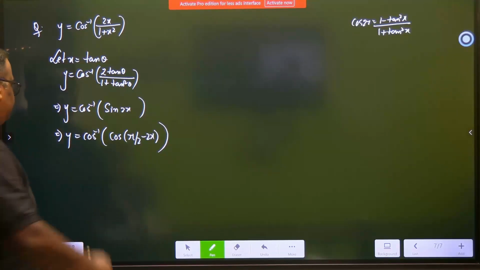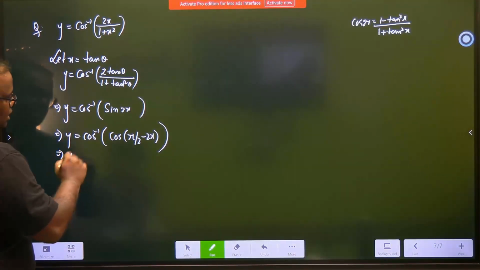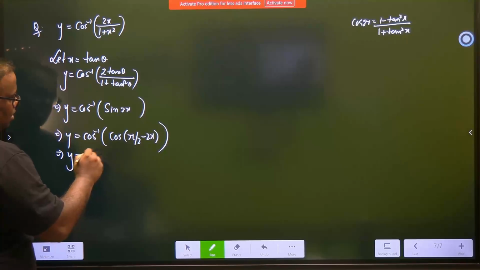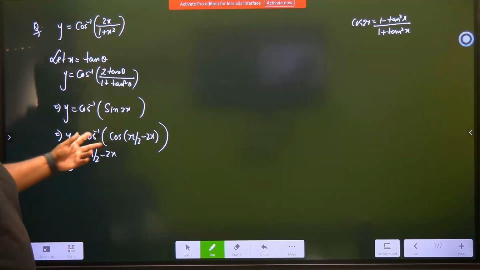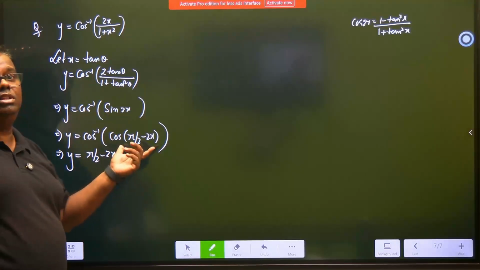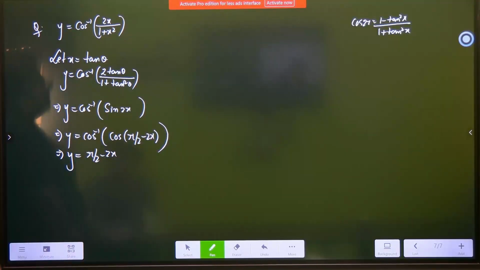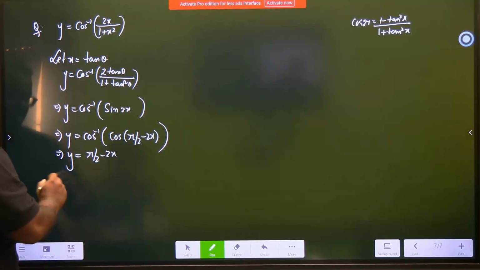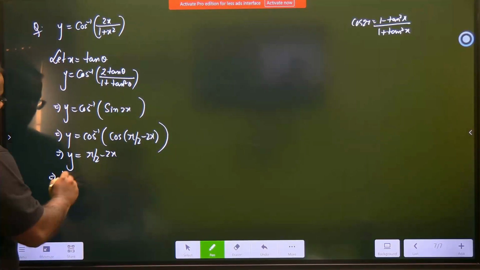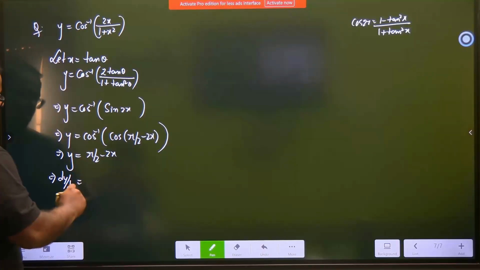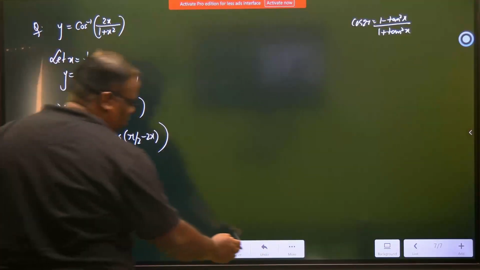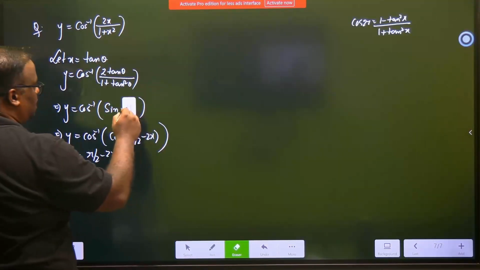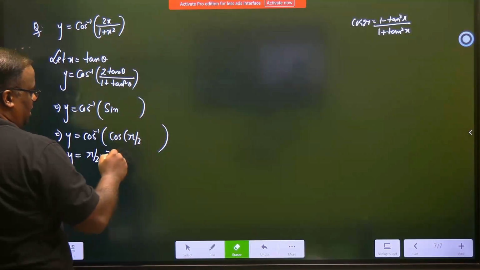Okay, now what can we write for this? You can say this is equal to this only in that principal range. You should also state the principal range, though nobody checks. So now you can do dy by dx, which is equal to, oh sorry, a small mistake happened.